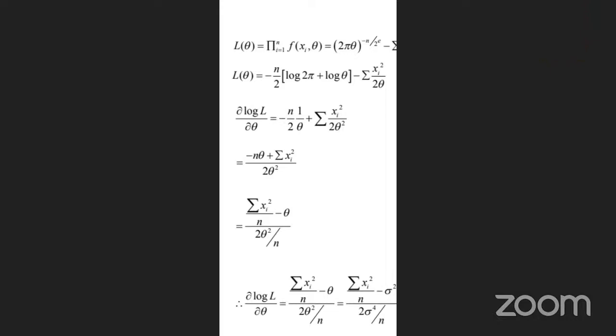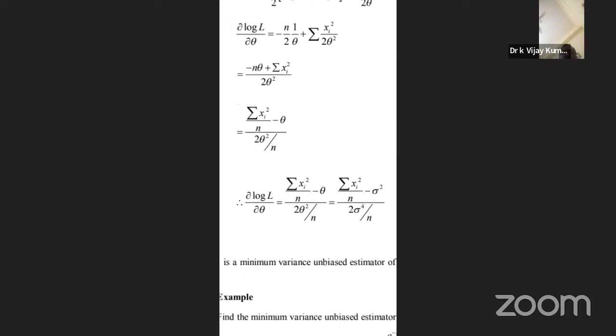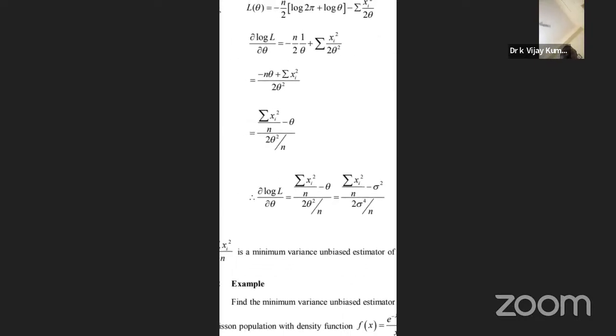So therefore summation of xi square by n minus theta, by 2 theta square by n. So dou log L by dou theta is equal to summation of xi square by n minus theta by 2 theta square by n.